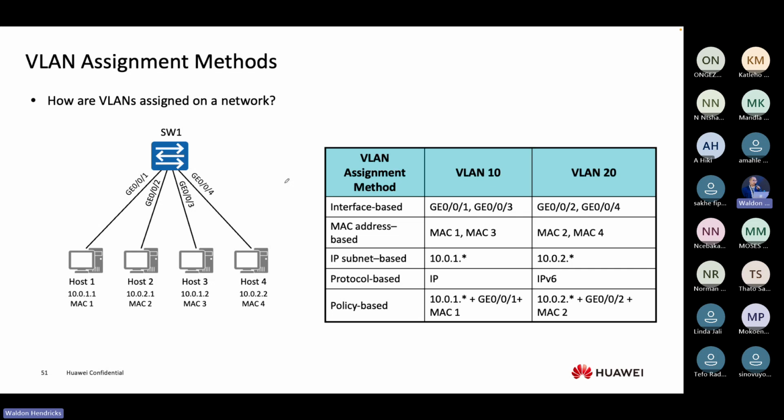There's subnet based, protocol based, and then policy based. The policy based is a way of looking at policies: if your organization decides that certain IP addresses, certain interfaces and certain MACs need to work together, that's what you would do in that case.